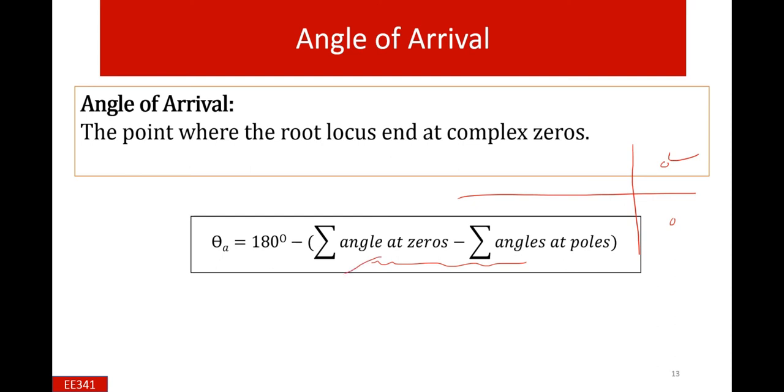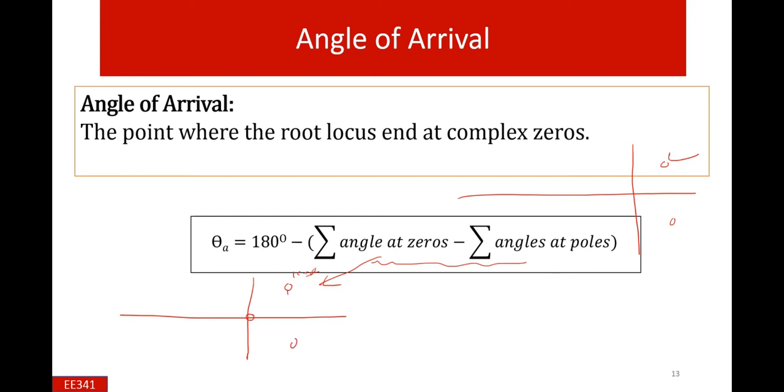For example, how to find this one? For example, we are considering only this pole where k is equal to infinite. So this is the open loop zero, and if there are other zeros, maybe one zero is here and another zero is here.